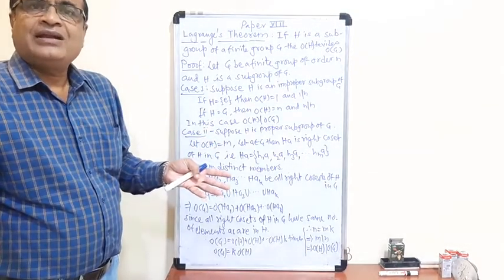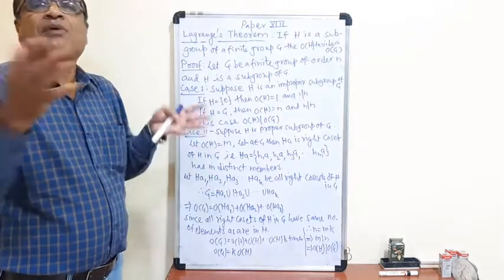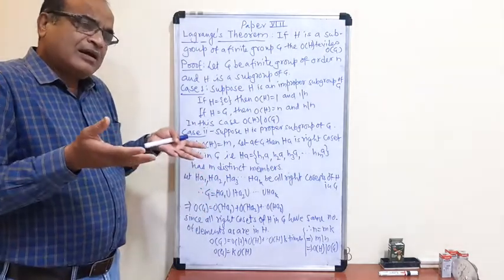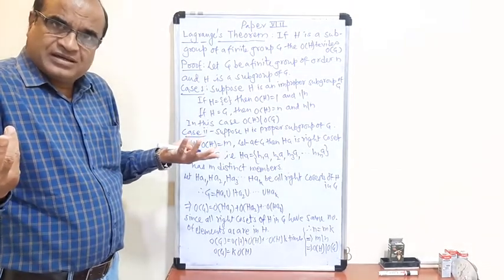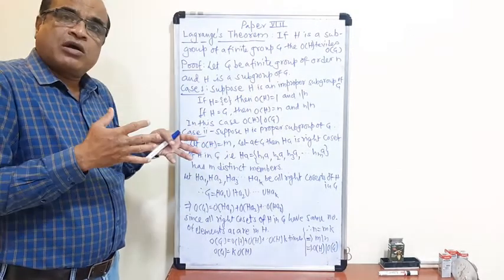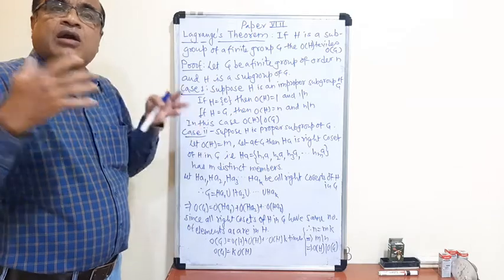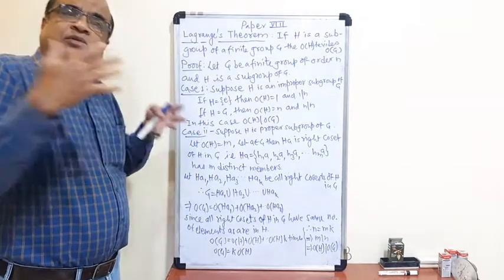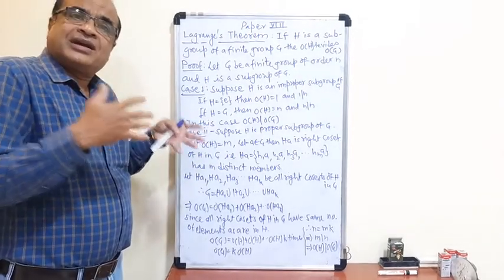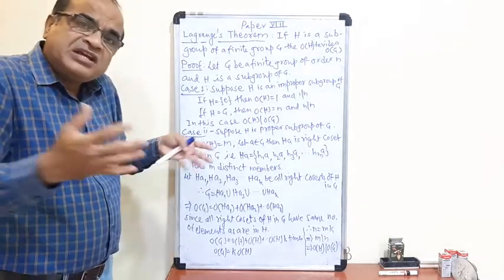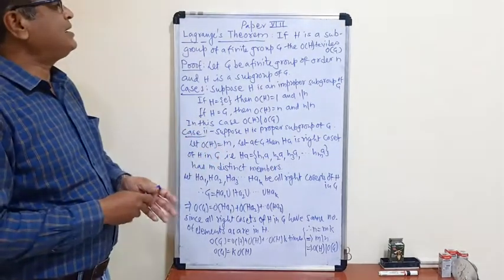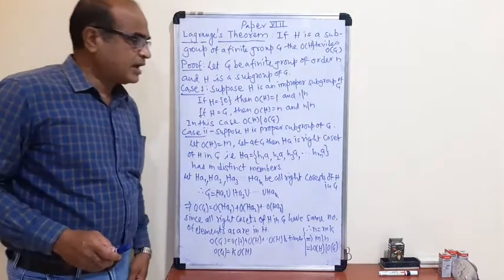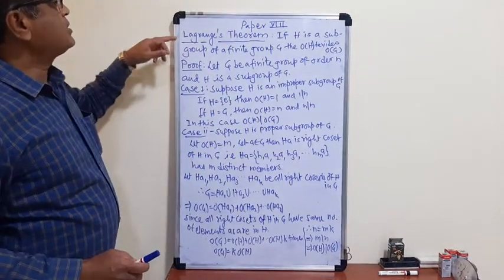H is any non-empty subset, or H is a subgroup of G. If H is a subgroup of G, what is the relation between the order of H and the order of G? That is Lagrange's theorem.